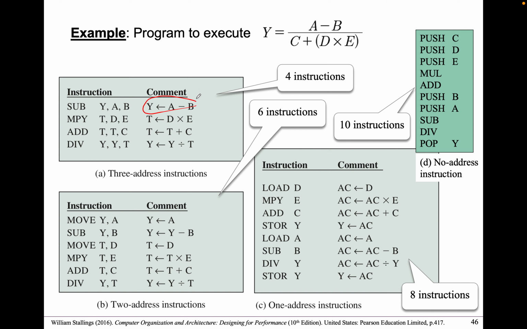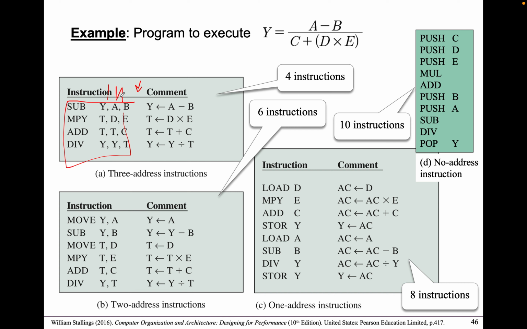This instruction is for A minus B. This instruction is for D multiplied with E, and you're going to name it T. Then this T you're going to add with C, T plus C, and here you name it Y. And then you're going to update this to T, and then you have Y divided by T. At the end you're going to have a Y.